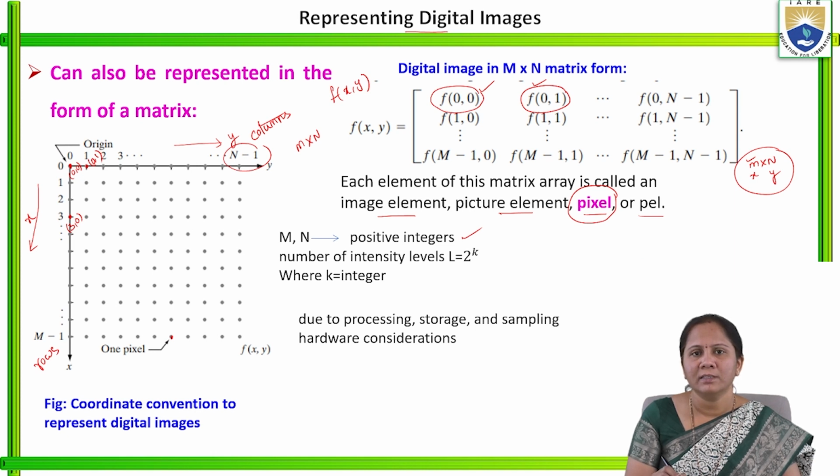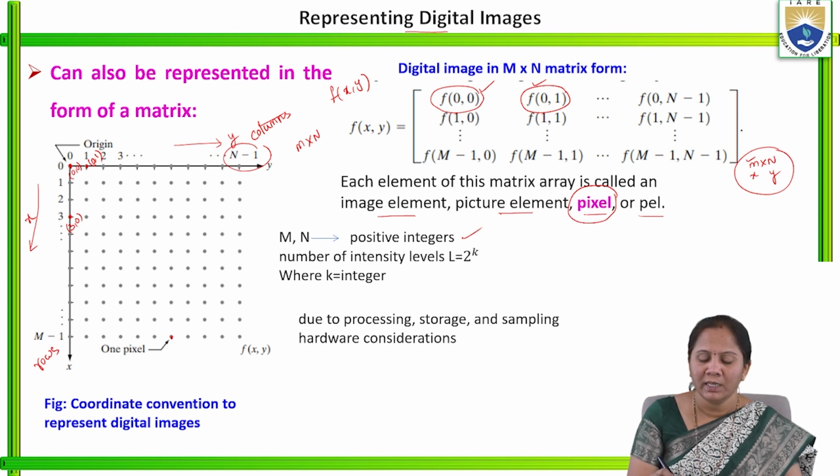where f represents the intensity value. The number of intensity levels that can be used should be limited and finite, in terms of L is equal to 2 power k.